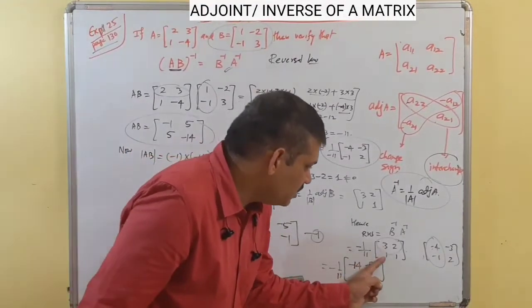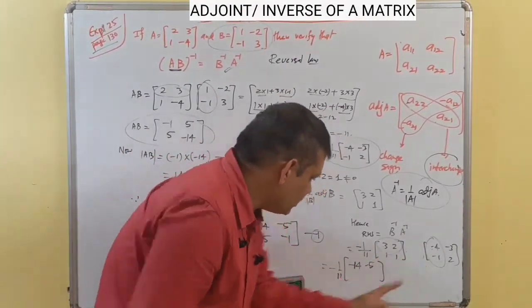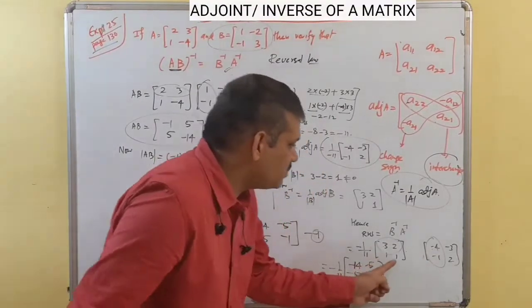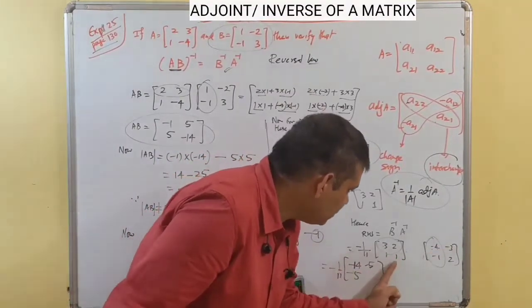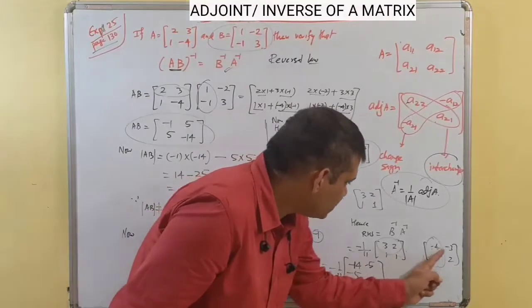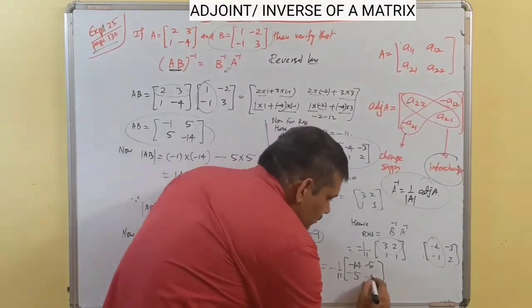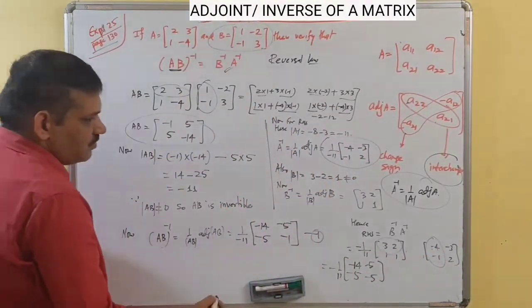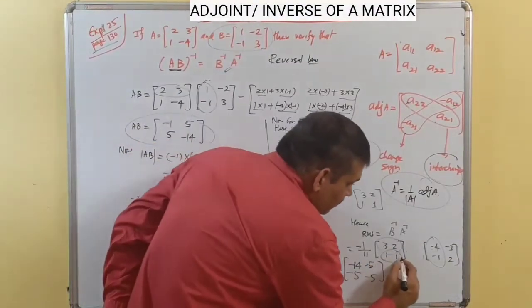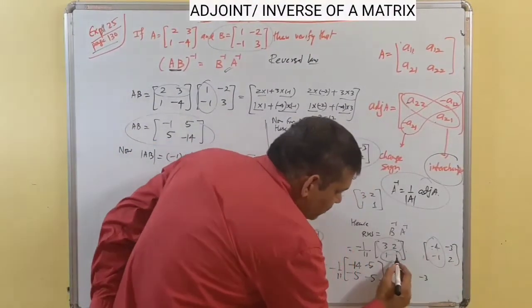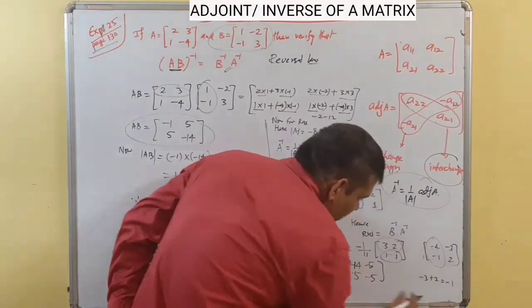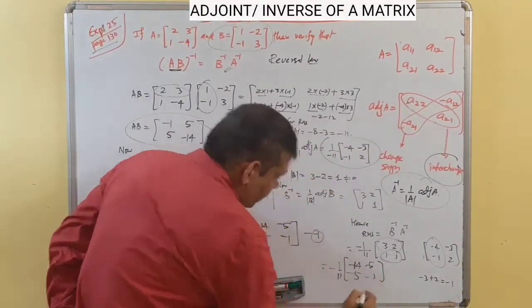Again, this will be multiplied by this: minus 4 minus 1 is minus 5. This will be multiplied by this: minus 3 plus 2 is minus 1. So this will give me minus 1.